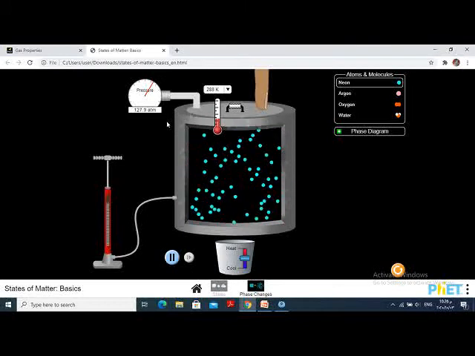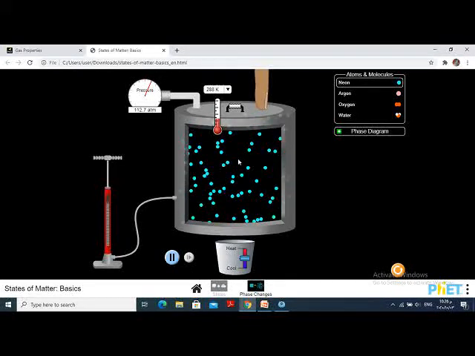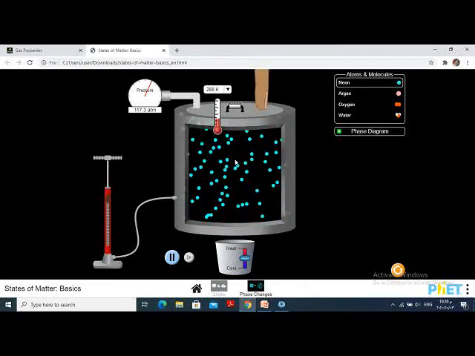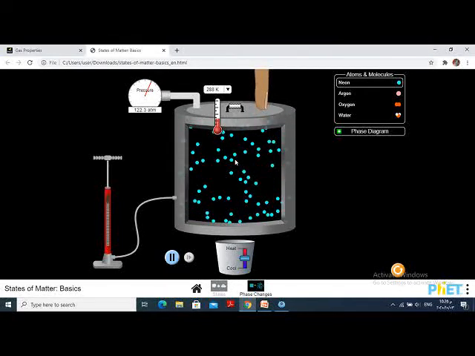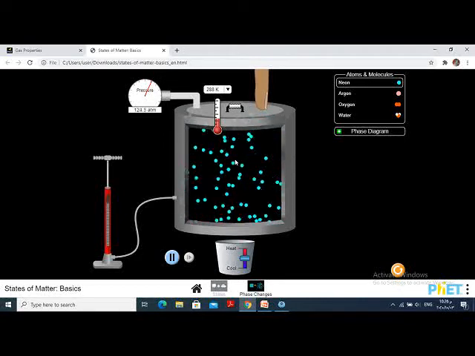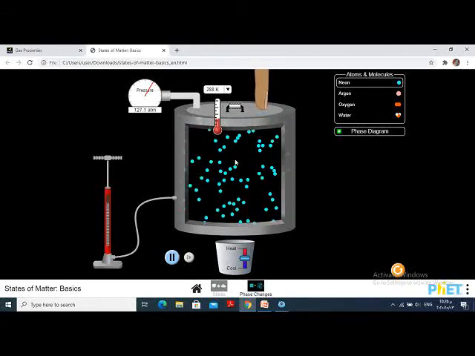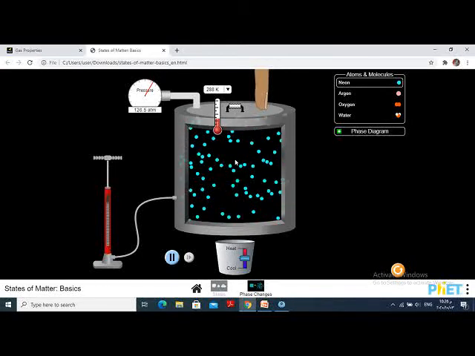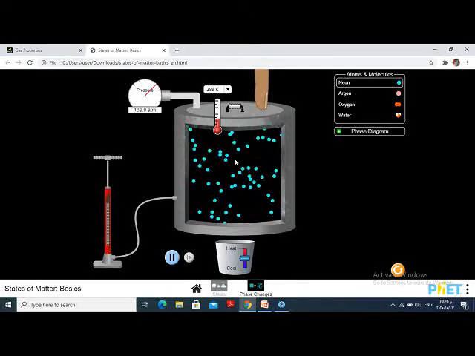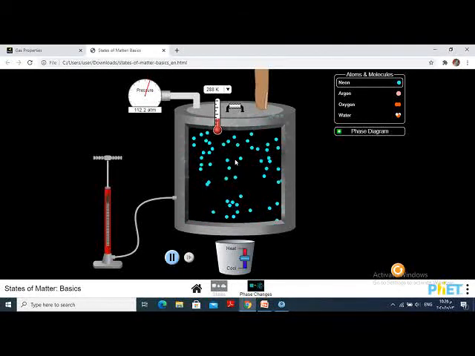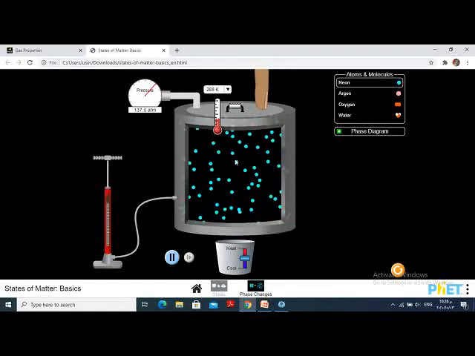That is because we have just one thing moving here. We have these particles moving, and we have collisions, and there are two types of collision again. We have collisions between the particles themselves, and collisions between the particles and the wall of this container.